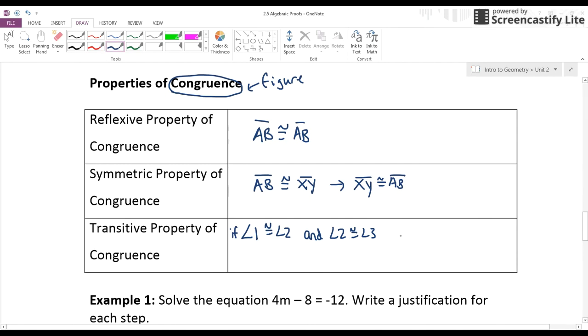So if I know angle 1 is congruent to angle 2 and also angle 2 is congruent to angle 3, then remember, cut out that middleman and we can say angle 1 is congruent to angle 3. All right? So same idea really in the sequence and the pattern as the properties of equality, but the only difference here is the meaning behind the notation. So we're looking at the figures. All right? So be careful with your notation.